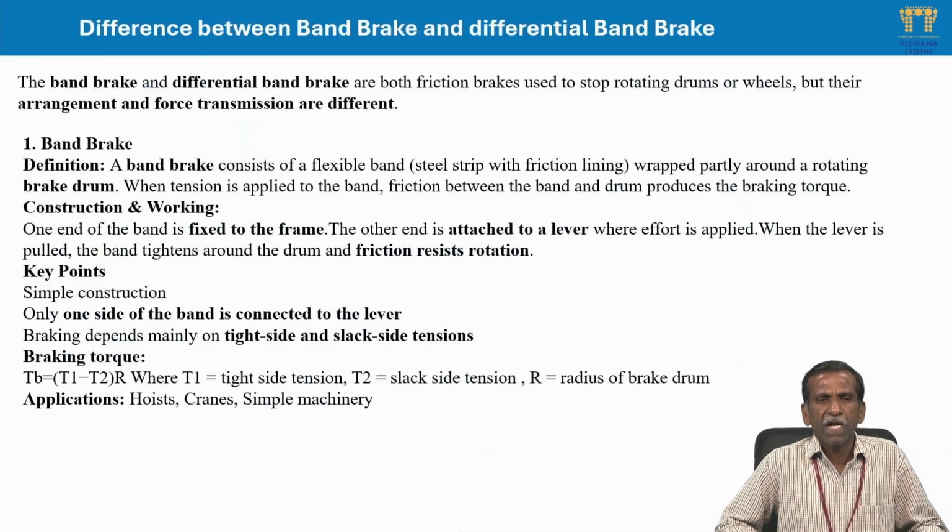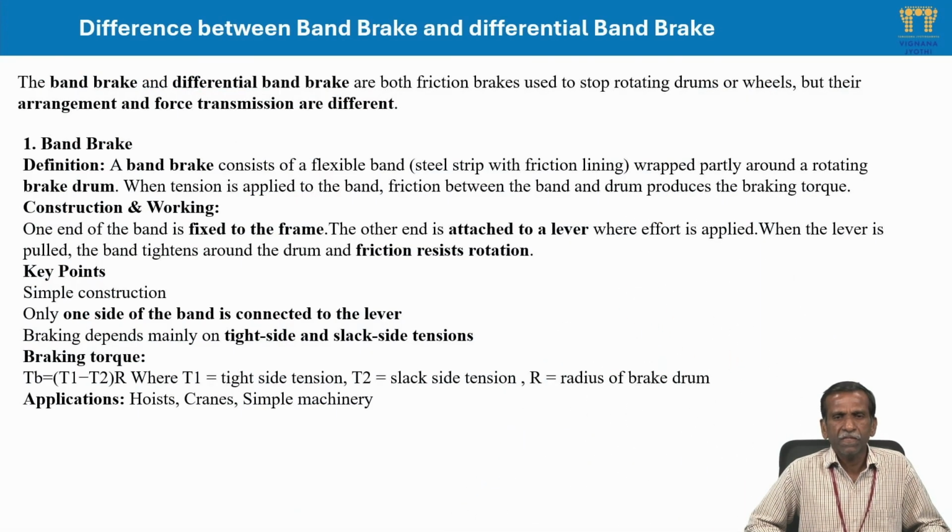As we know that band brake consists of a flexible band wrapped around the rotating drum. When tension is applied in the band, friction between the band and drum leads to the braking torque, so that it retards the vehicle. In case of the simple band brake, one end of the band is fixed to the frame, and the other end is attached to the lever.